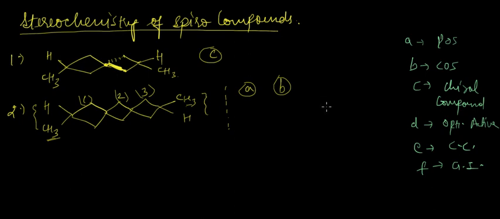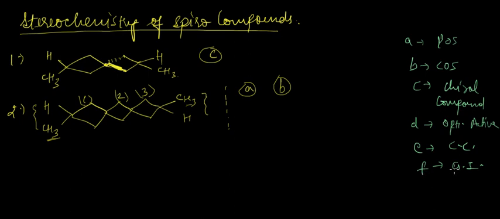So next, I think the G point was also there. Did I miss some points? C is chiral center, D is optically active, E is chiral center.